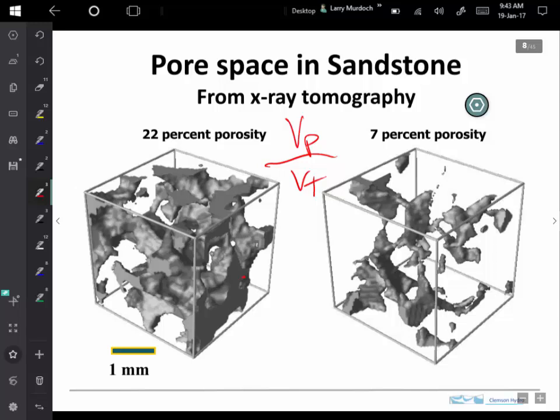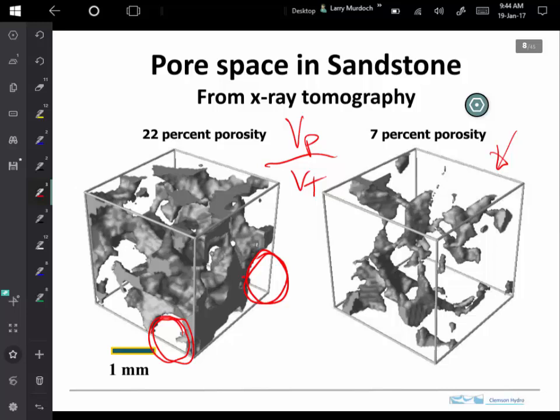So this is 22%, and this one is a smaller percent. You can see the outlines right in here. For example, that's where a solid grain would be, maybe one right in there. So these are fairly well-rounded grains, and then this is the pore structure that you see.